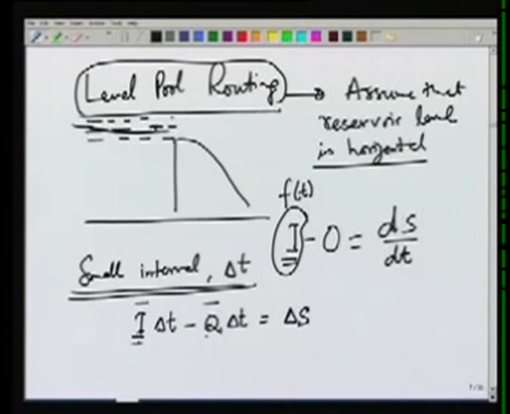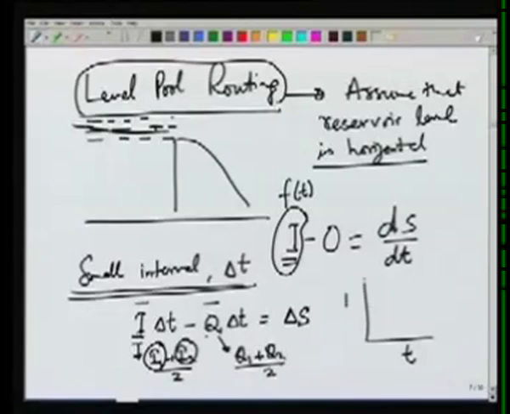We can write this I bar as (I1 plus I2) by 2, similarly (Q1 plus Q2) by 2, where I1 and I2 represent the inflow before that time period of delta t and after the time period of delta t. So if t versus I is known to us, and suppose we have taken this delta t, then this will be I1 and this would be I2.